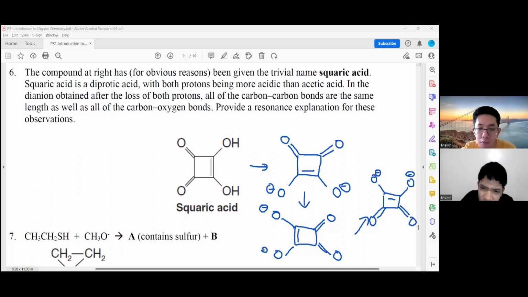Tsaka pakita mo kung ilang resonance structures ang mabubuo mo.